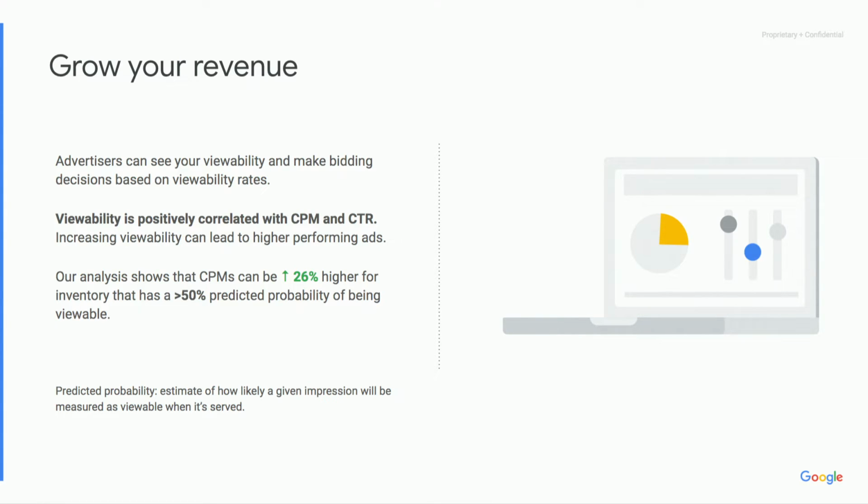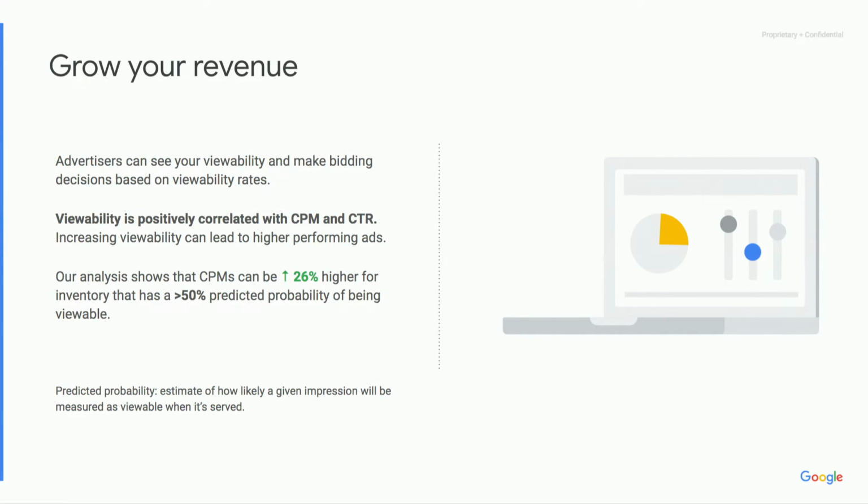Based on our analysis, click-through rate and CPM have a really strong positive correlation with viewability. Usually if you increase your viewability, you're likely to see an increase in your CPM. Across the board, if a publisher is able to increase their viewability by 1%, they are able to see an uplift of about 2% in their CPMs.